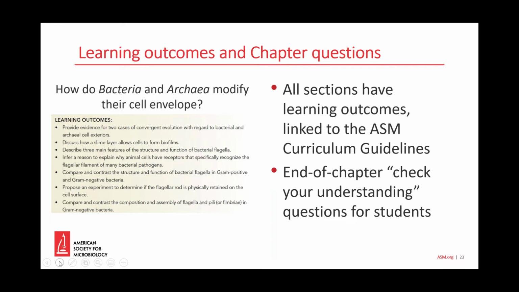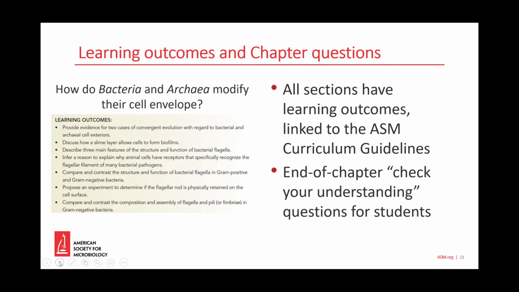I'll read a couple to you. Provide evidence for how two cases of convergent evolution apply with regard to bacteria and archaea cell exteriors. So that could be a higher order thinking. Another learning outcome is to explain why animal cells have receptors, and that could be a higher order thinking.